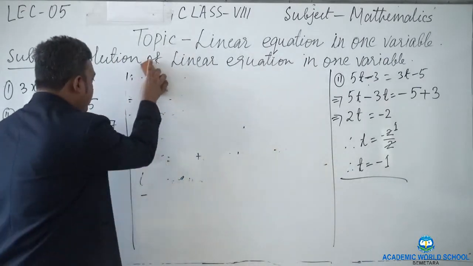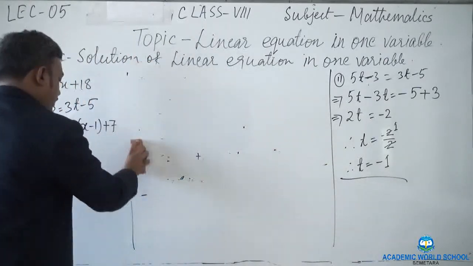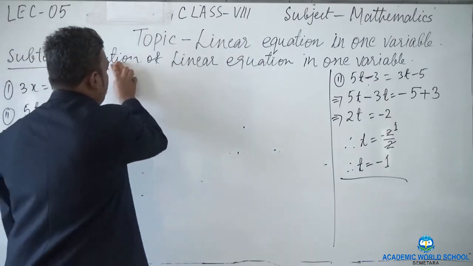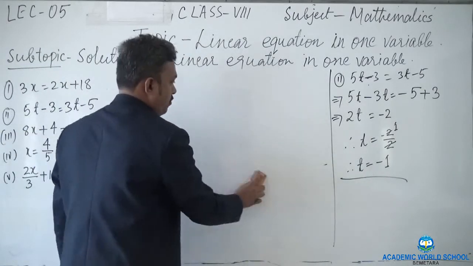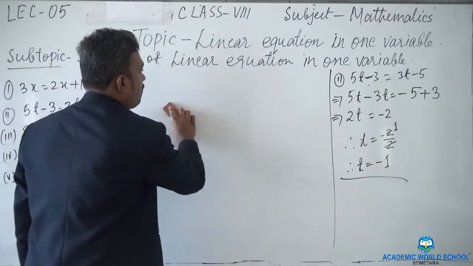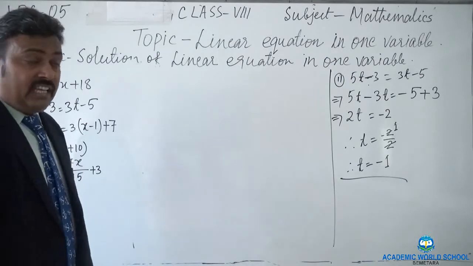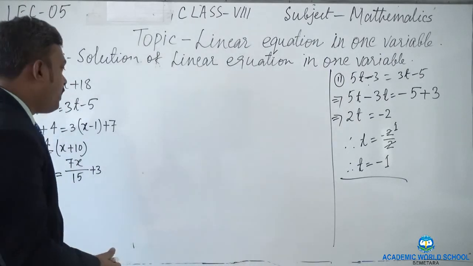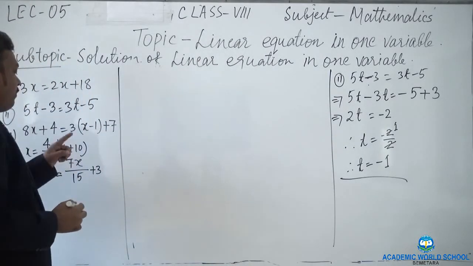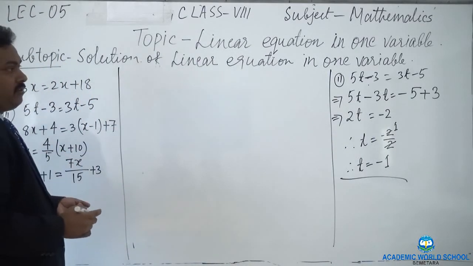Now let's see the next example. In the next example, you will see that a bracket is also there. When there is a bracket, in that case we need to remove the bracket first. Always remember that. If in any equation a bracket is associated, then we need to remove the bracket first.